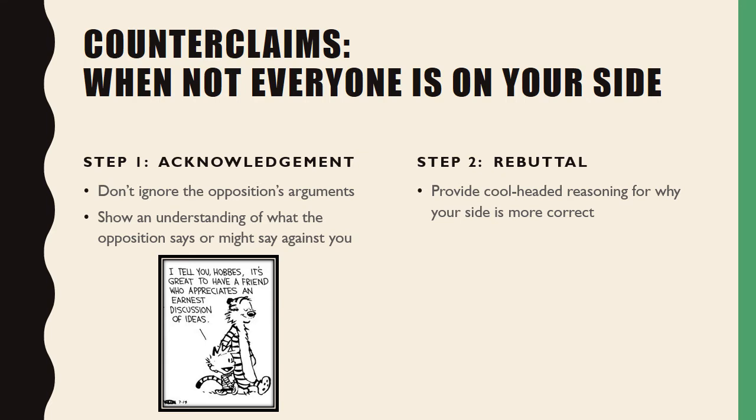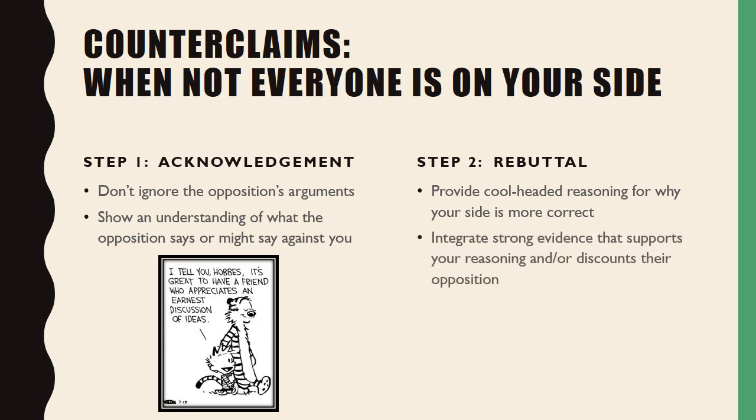This is not the time to just start yelling again, right? It needs to be cool-headed. You need to be logical about why your side is more correct. You need to be able to integrate strong evidence that supports your reasoning or discounts their opposition, and ideally it should do both. Your evidence should support your reasoning and discount the way that they're opposing you.